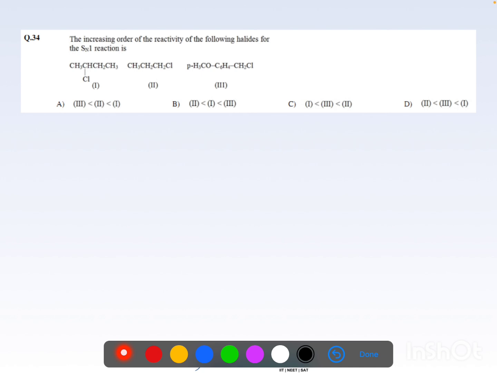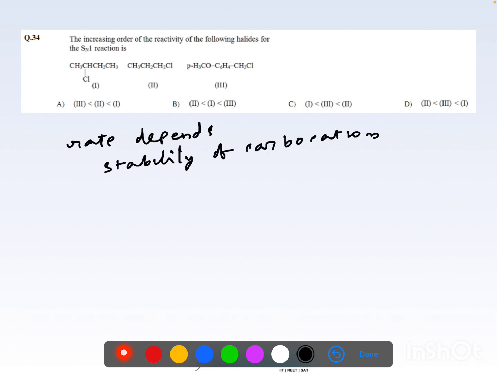It is an SN1 reaction. See, remember, for an SN1 reaction, the rate of the reaction depends on the stability of the carbocation intermediate. So in the first structure, the resulting carbocation will be secondary.